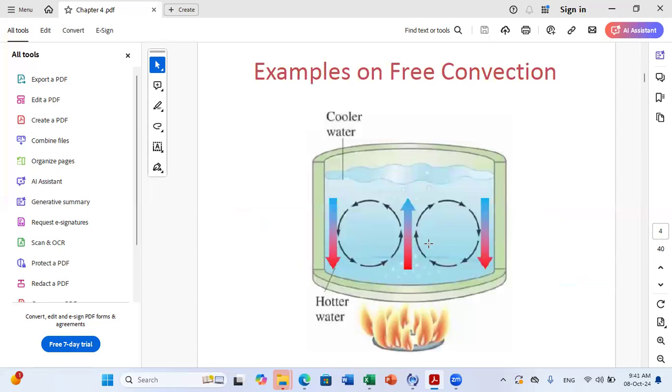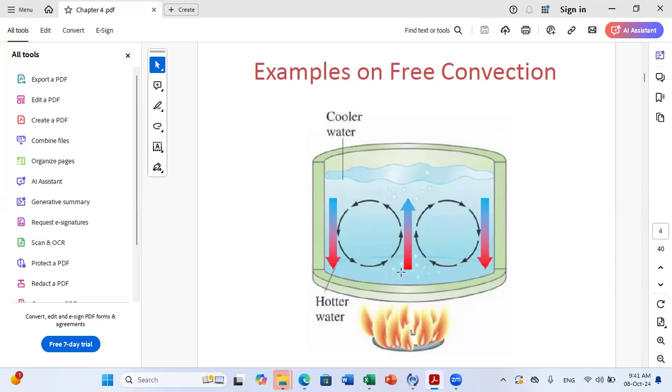To understand better what we mean by this, let us consider the following example. If you want to heat water, this process can rely on free convection, because what will happen is the following. At the bottom level, you have a hot surface. The hot surface will lead to warmer temperatures of water at low level.